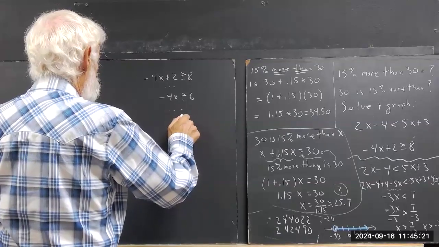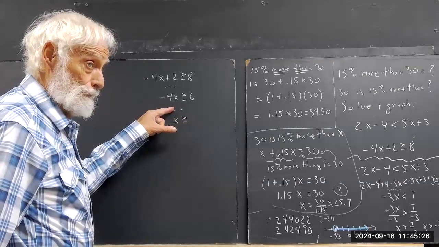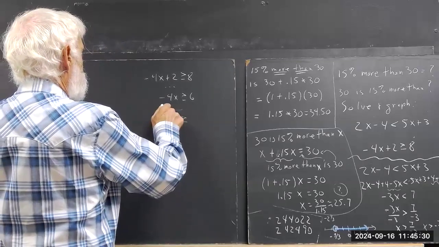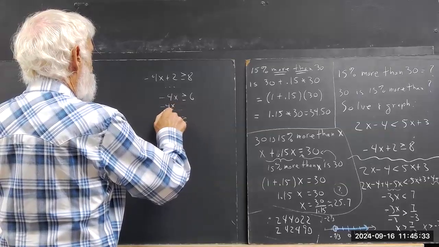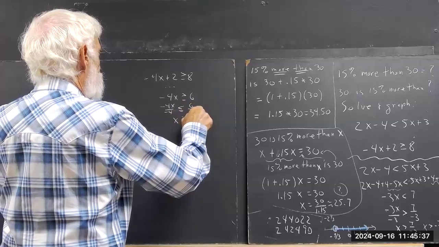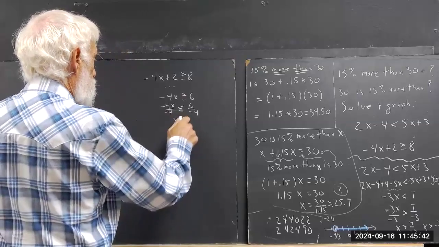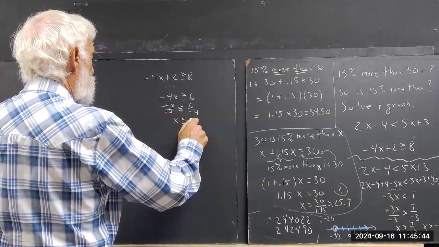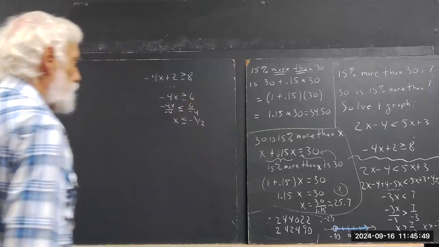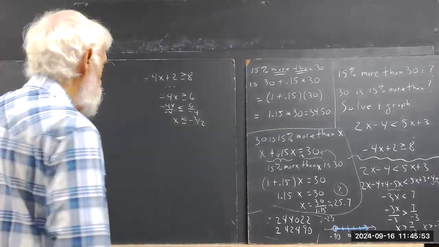If you just write it out wrong, you write greater than or equal because you're going to divide by -4, right? As soon as I divide by the -4, I reverse the inequality. And of course, 6/4 simplifies to 3/2. So x is less than or equal to 3/2.